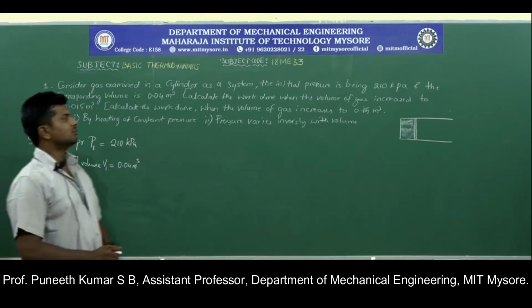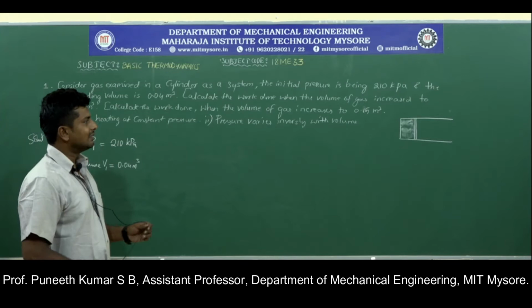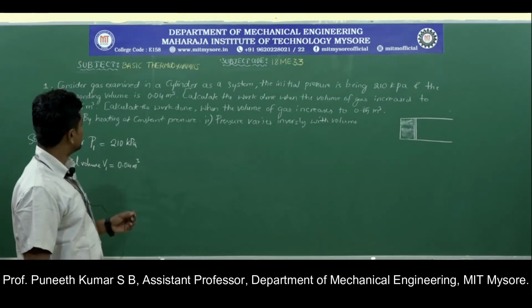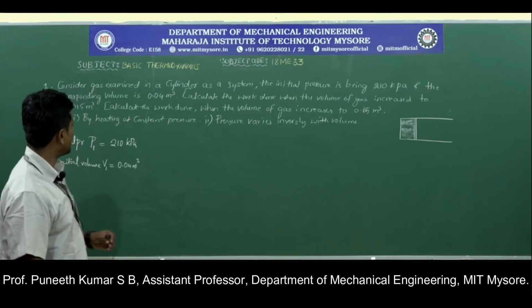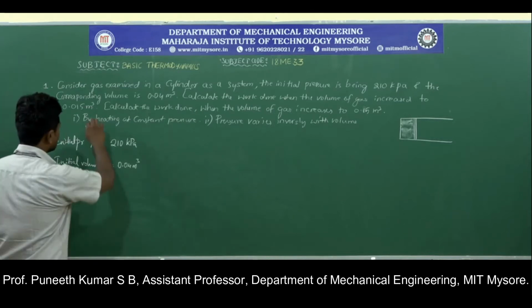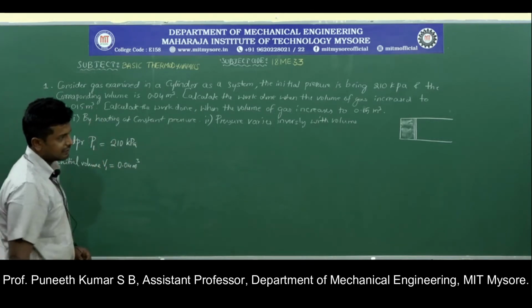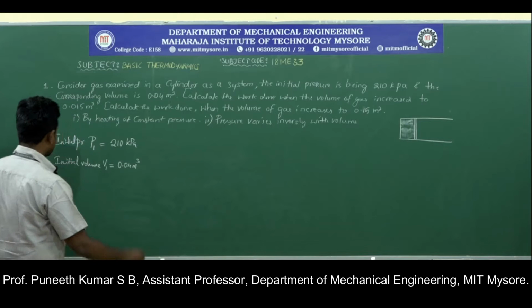Calculate the work done when the volume of gas increases to 0.015 meter cube. After the increment it will be defined as state 2.